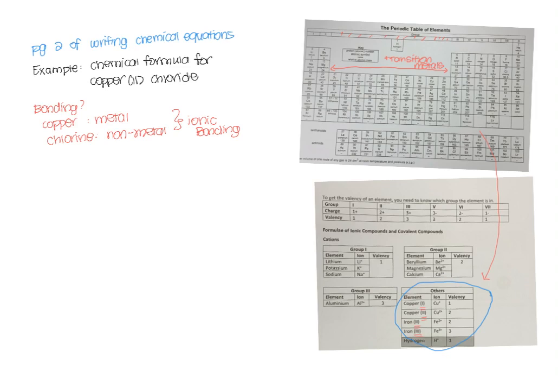Okay, next up, let's determine by writing the ions first. So for copper 2, based on the number in the bracket, I am able to tell its charge will be Cu2 plus.